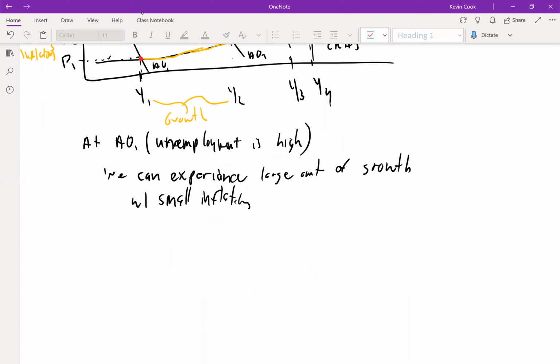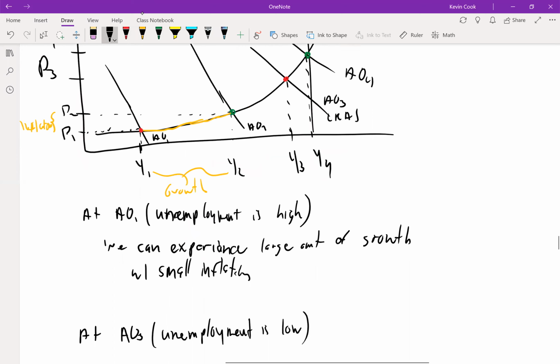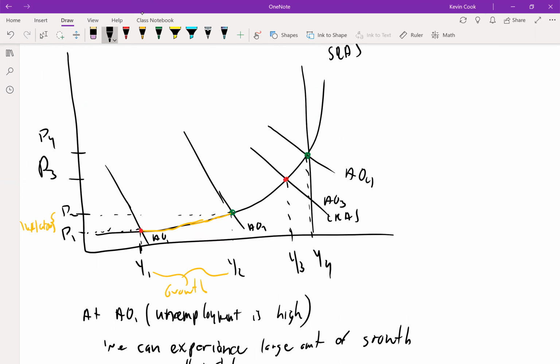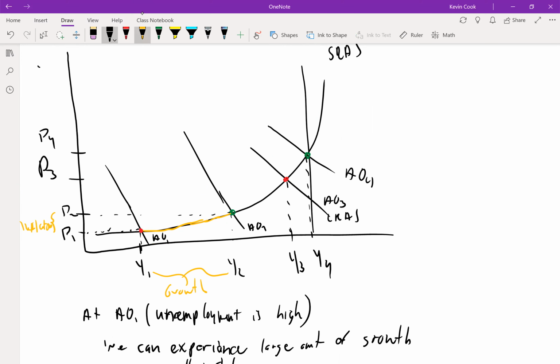However, if we're at 83, things are going to look a little different. So, oops, I want black, not gold. If we're up at 83, we're going to see that our unemployment is relatively low, at least compared to 81. In this case, we see that our growth, we just move up a little bit.